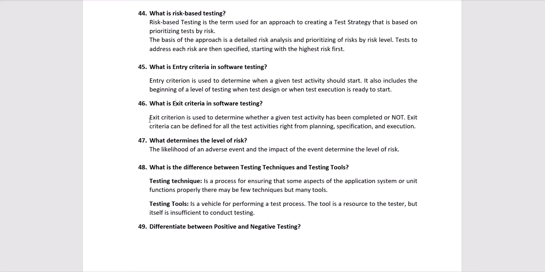Exit criteria is used to determine whether a given test activity has been completed or not. For entry, we check if the activity should start or not, and for exit, we check the criteria on which we can exit from software testing. The exit criteria can be defined for all the test activities, right from planning, specification, and execution. So this is nothing but exit criteria.